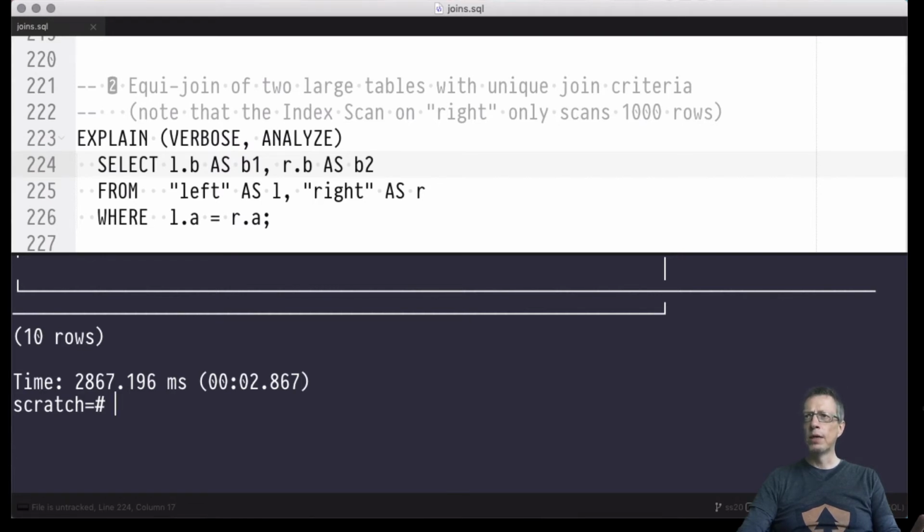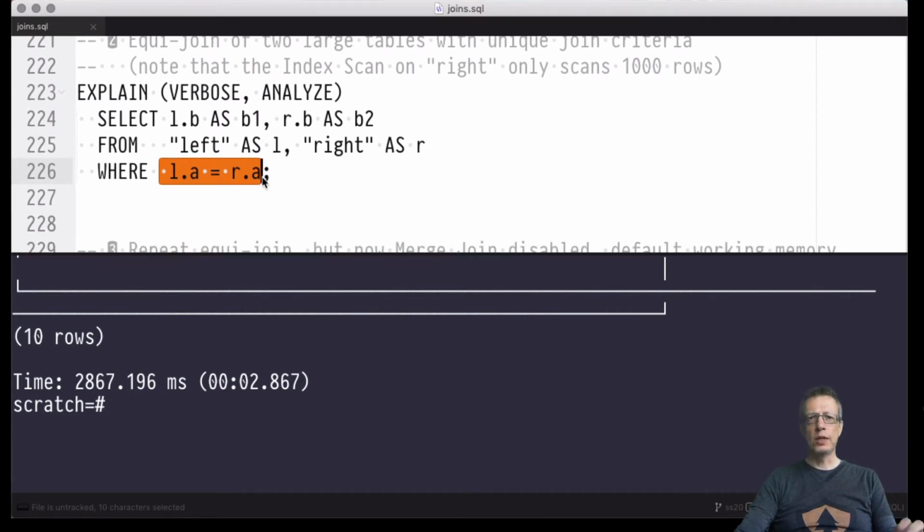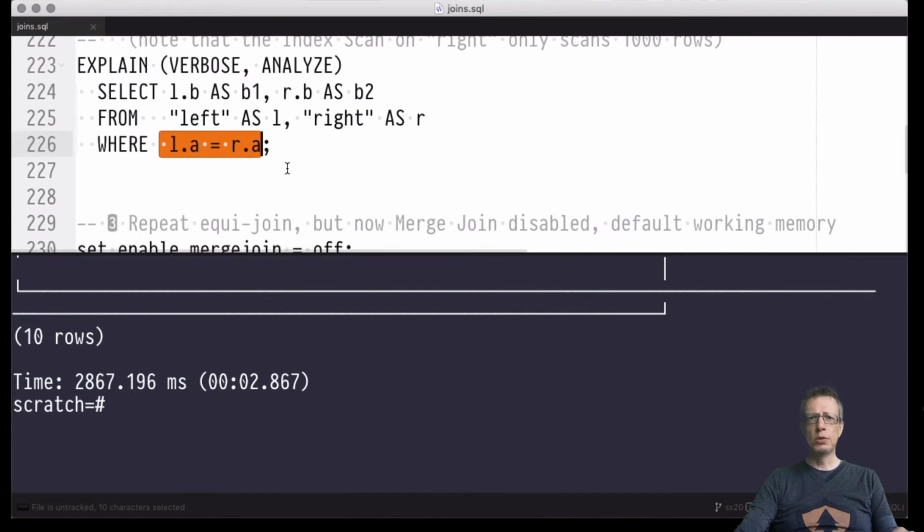So now let's switch off merge join. Since this is an equijoin situation, the system will then consider hash join for execution. And as I told you already on the slides, this might not be the best idea because hash join is not using the availability of order and indexes.